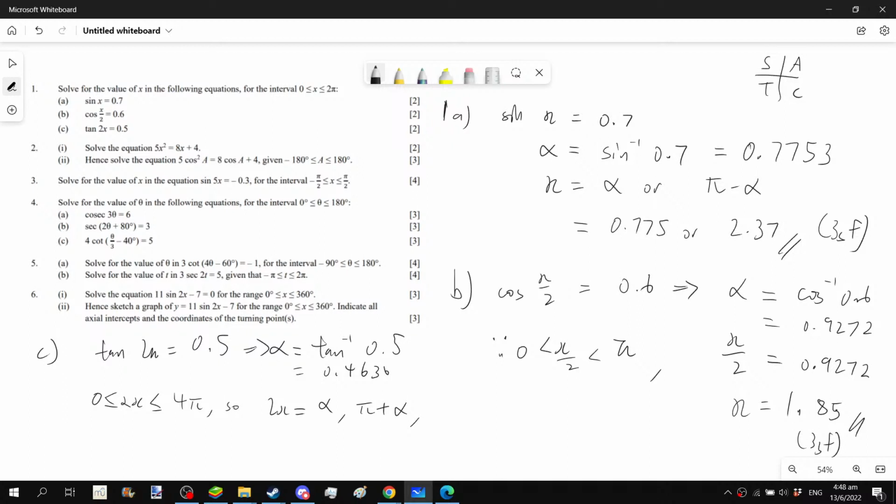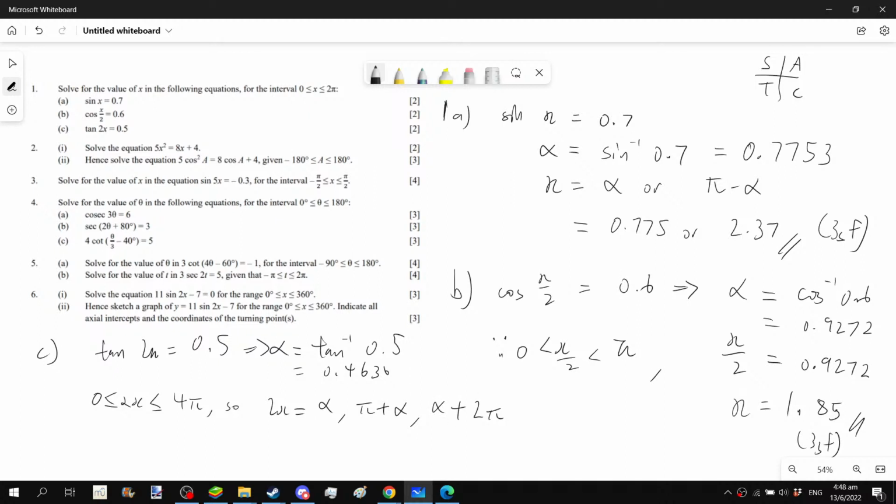And in addition to all of this, we could even be a little more daring and go multiple revolutions. For example, we know the basic angle is 0.4636. But what if we went one extra round and then went back there? One round being 360 degrees, in other words 2 pi, we would have alpha plus 2 pi.